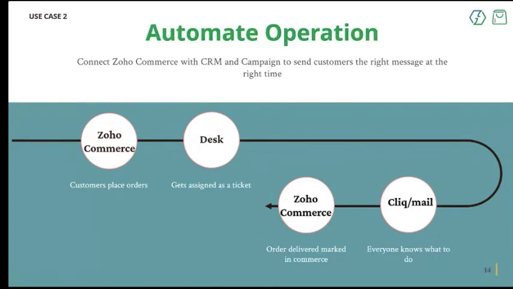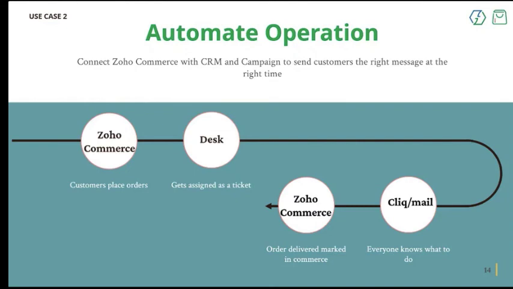Another use case is your end-to-end operation, which I explained earlier. Once an order comes into Zoho Commerce, it gets created as a Zoho Desk ticket. Each order gets created as a ticket, and when you connect Desk to Flow, whoever is in charge is intimated immediately.